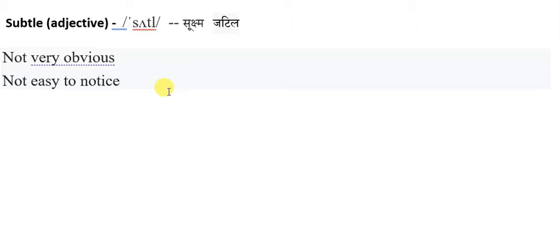The noun which is not easy to notice, we can use the word subtle with that, unless you pay careful attention. Okay, so this is the meaning of the word subtle, which is not very obvious. This is the first meaning.